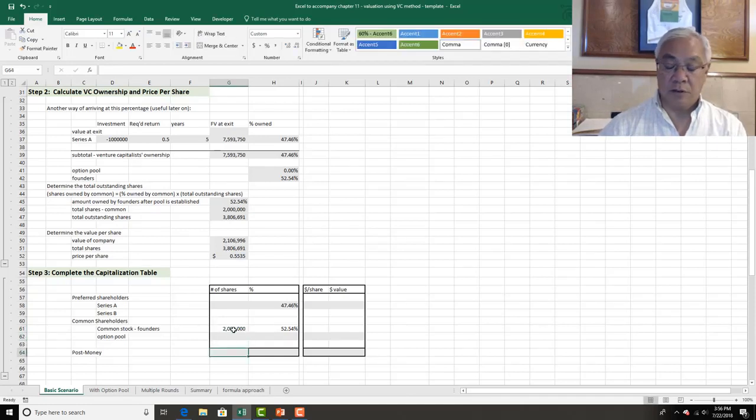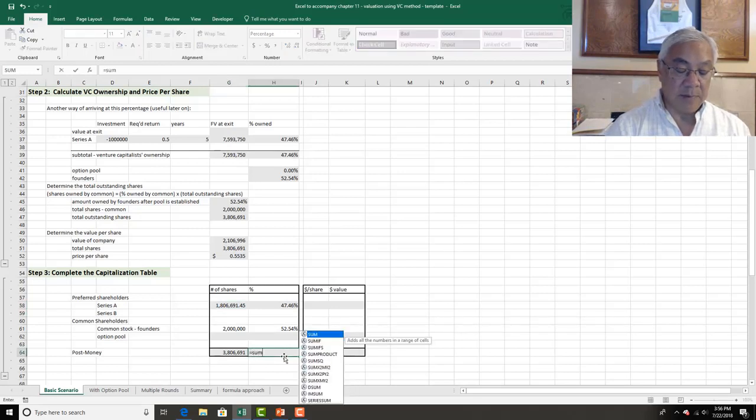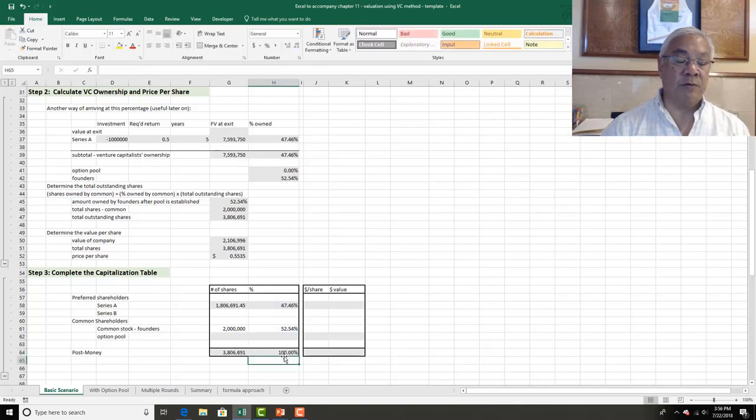And so therefore the total equals 2 million divided by the 52%, or 3.8. And so the number of shares owned by the VC is their percent times the total shares. And just to round this out, we'll do a sum command equals sum. You can almost see that equals 100%. So we're good.